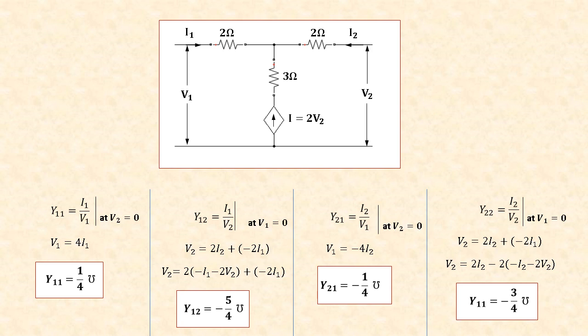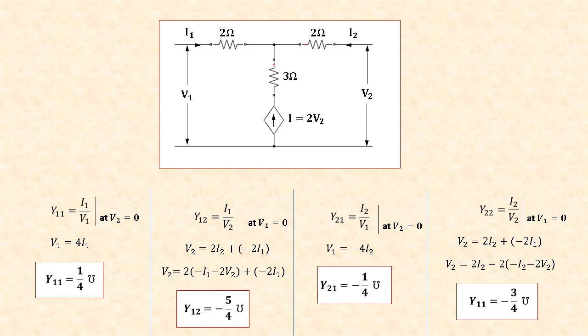Next, Y22 is equal to I2 by V2 at V1 is equal to 0. That is, V1 is short circuited. Now V2 can be written as 2 into I2 plus minus of 2 into I1.